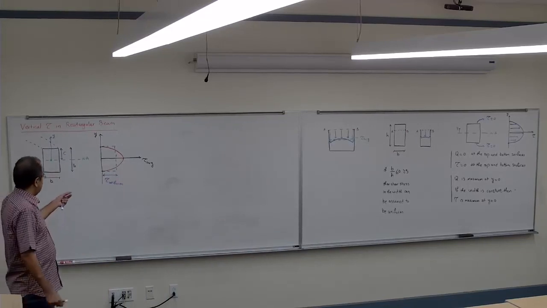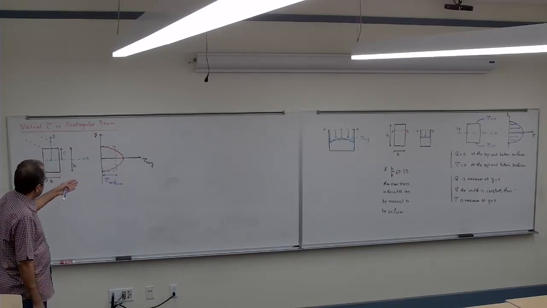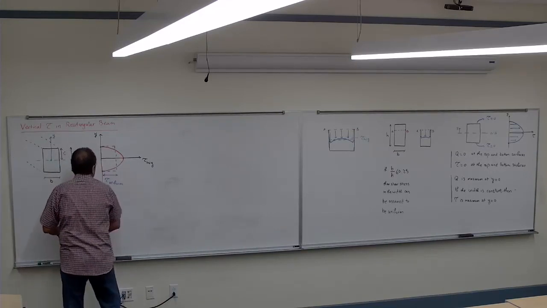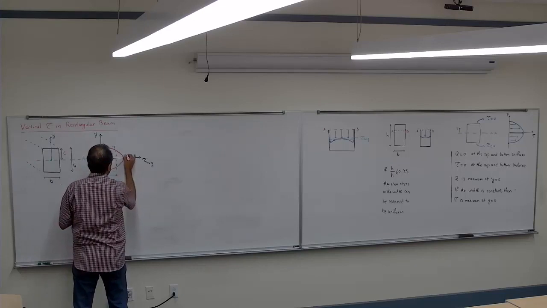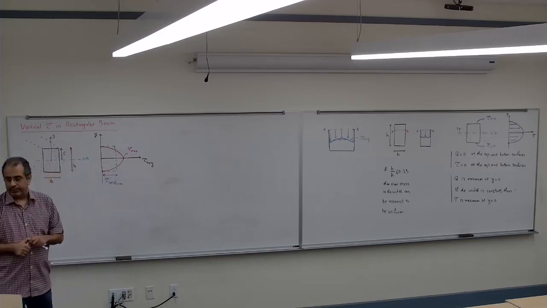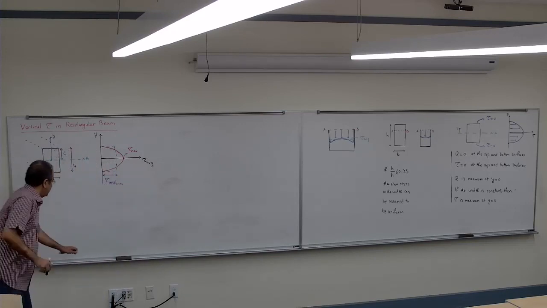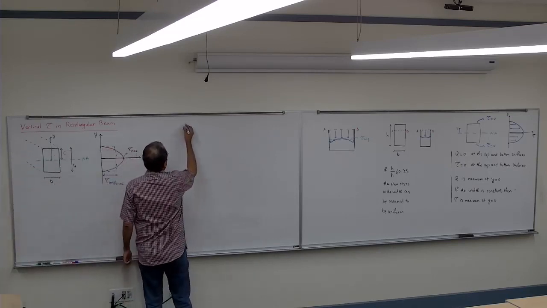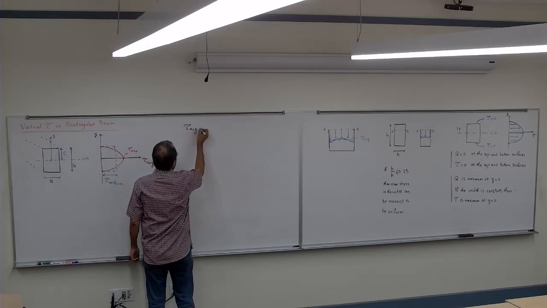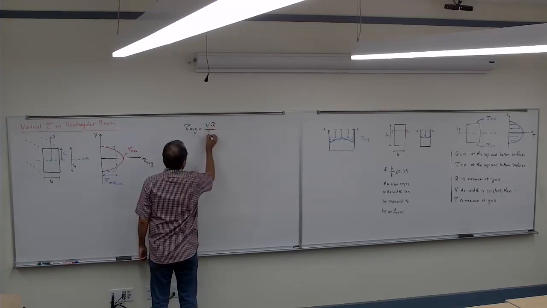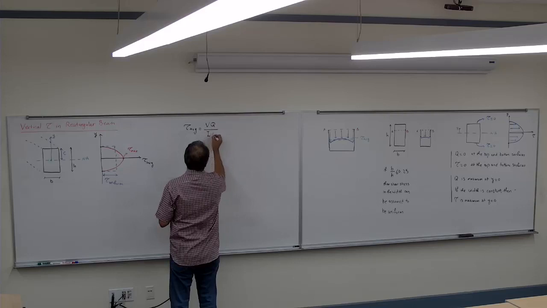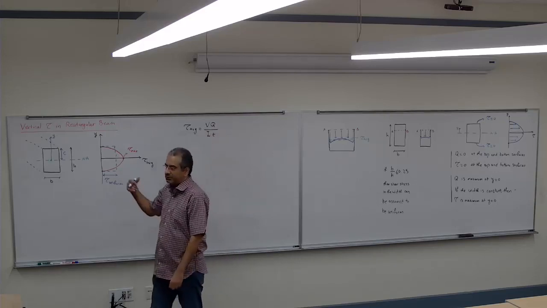So in this case, if I want to write them, I have the tau average, I have the tau uniform, I have the tau max, which is this one here. This point is the tau max. So I want to see how these things are going to be related to each other. So the tau average is VQ divided by IT. So average shear in the width.